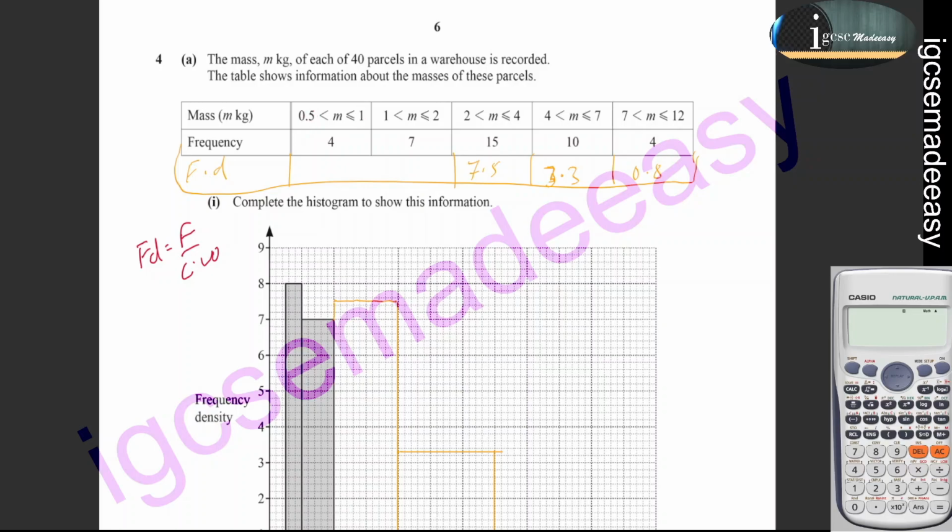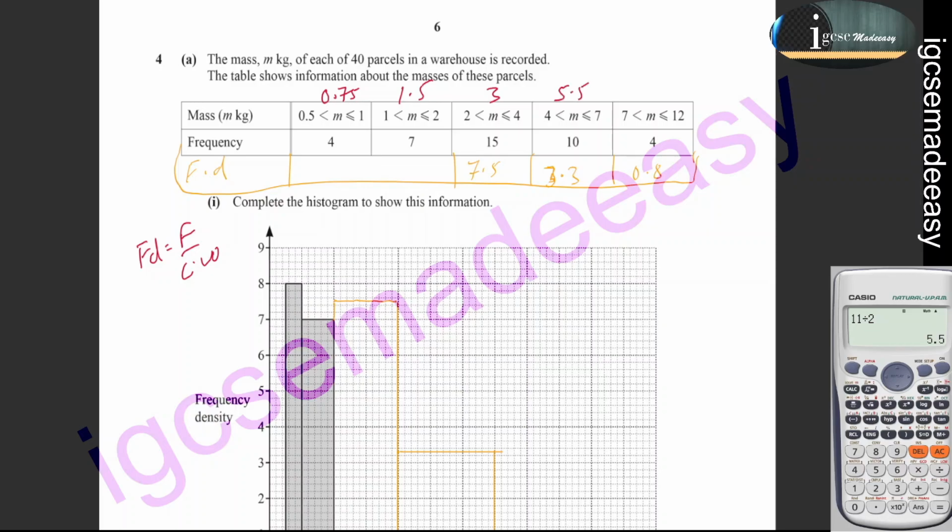So 1 plus 0.5 is 1.5, and 1.5 divided by 2 is 0.75. So 0.75 will be the mid value of that, and 3 divided by 2 is 1.5, right? And 6 divided by 2 is 3, and 11 divided by 2 is, oh sorry, 5.5.